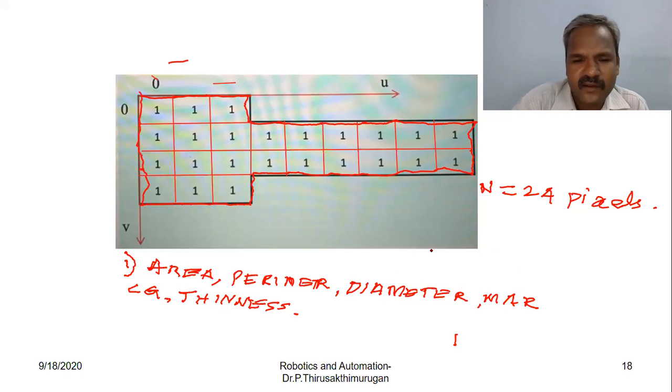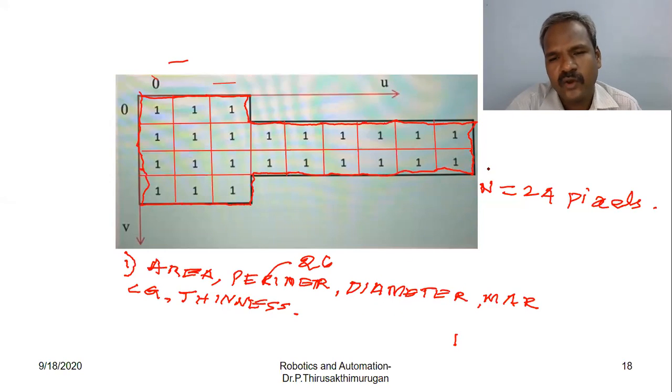So the perimeter is 26. You know how to calculate perimeter?